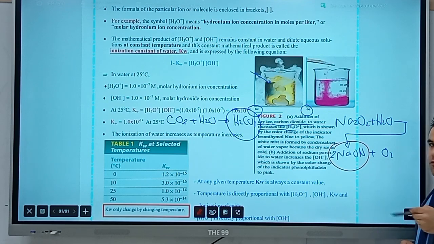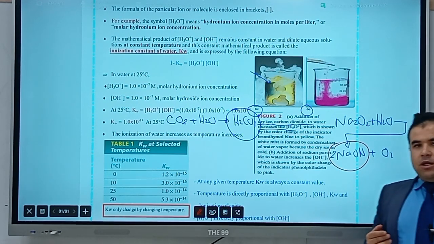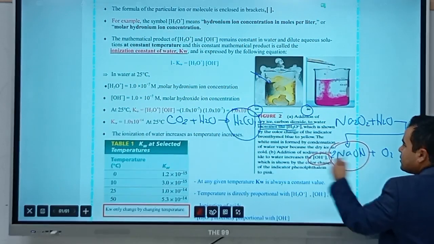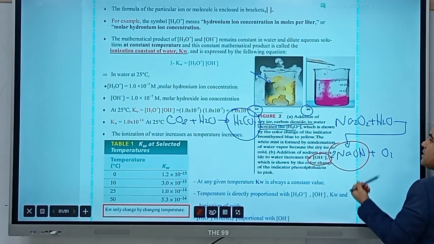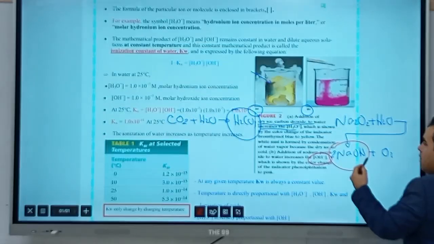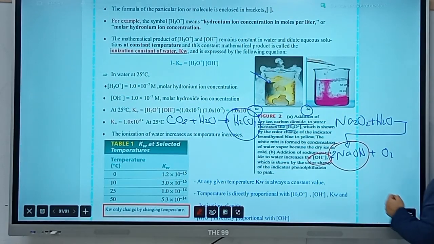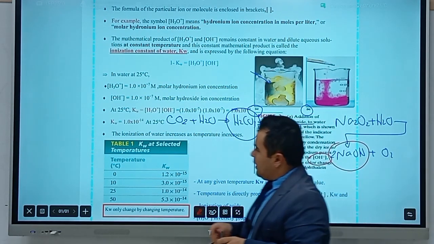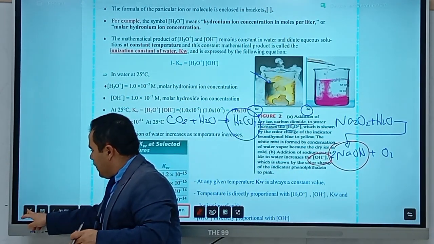So formation of sodium hydroxide in a medium means it increases the hydroxide concentration, as it's given here, and decreases the hydronium. So the sodium peroxide here increases the alkalinity, but the dry ice increases the acidity of the medium, meaning the hydronium.